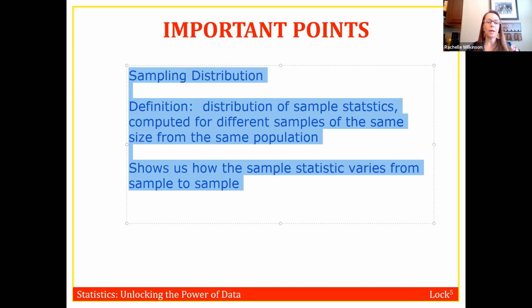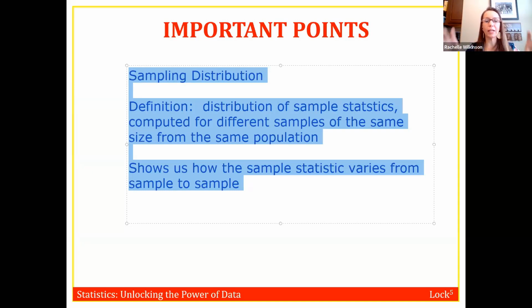Or you can watch me, and then if you get to the homework and don't remember how to make the sampling distributions, you can go back and watch this video. I've also posted another video already inside of Blackboard that looks specifically at creating sampling distributions inside of StatKey.